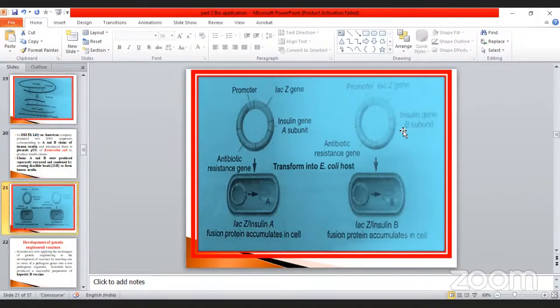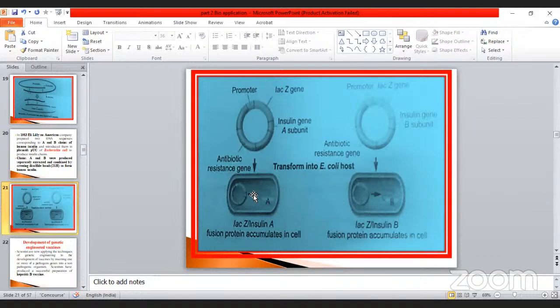That means the foreign DNA molecule for insulin production is isolated from a source, but at the same time the sources will differ, and it is also introduced into E. coli. These 2 are cut, and after the cutting and ligation process is done, we introduce them into the host.